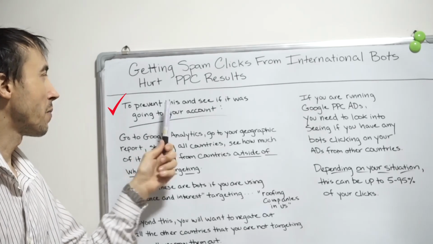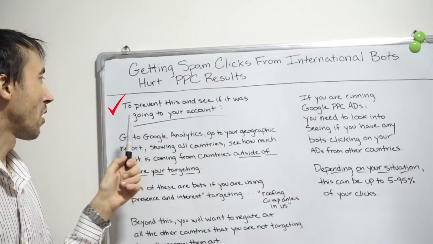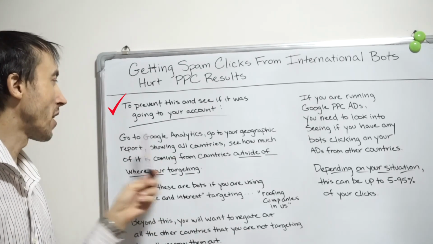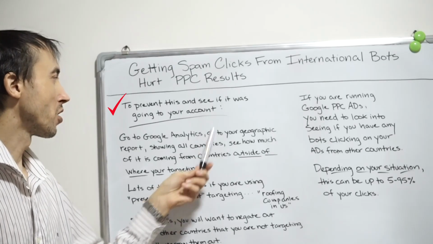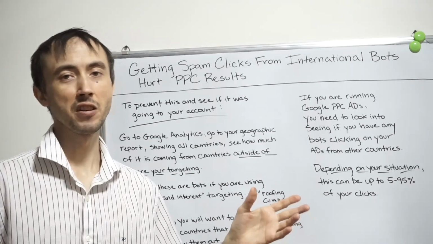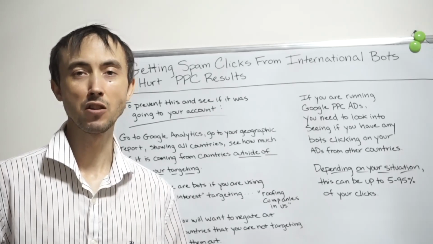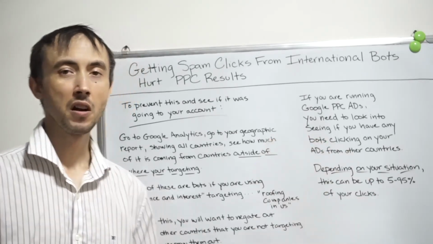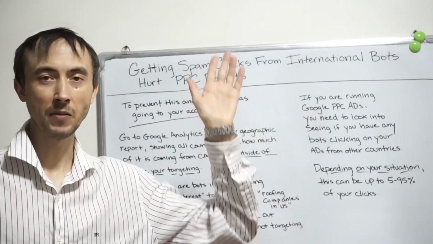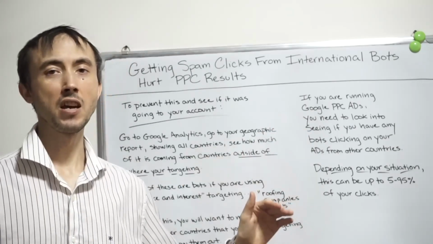So to prevent this from happening and see if it was going to happen to your account, basically what you're going to do is go to Google Analytics, like I said before. You're going to go to the Geographic report, which in Universal Analytics, which by the time you watch this video might be GA4, is under, in the left-hand column of your Google Analytics account, Geo and then Locations.